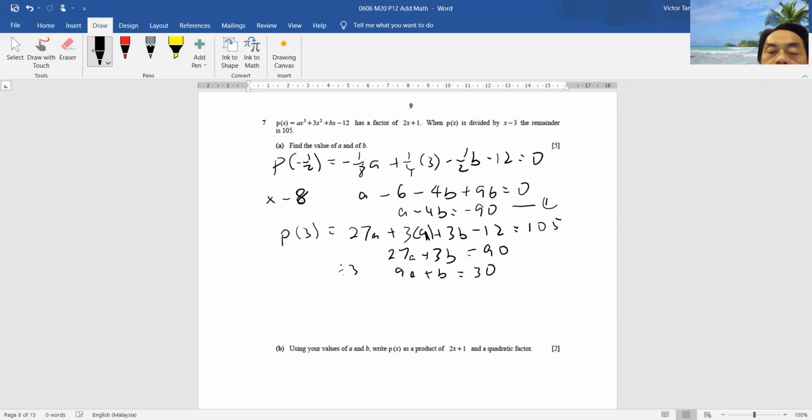So this first equation is, times 9, so you have 9a minus 36b equals minus 810. Minus 37b equals 840.